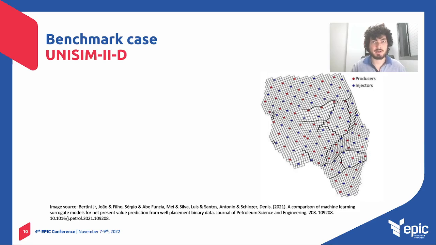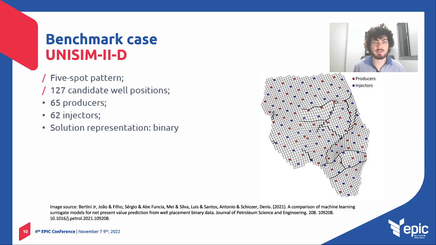In this benchmark case, we consider a 5-spot pattern containing 127 candidate well positions, being 65 producers and 62 injectors, and the solution representation is binary, indicating the presence or the absence of each particular candidate well position.